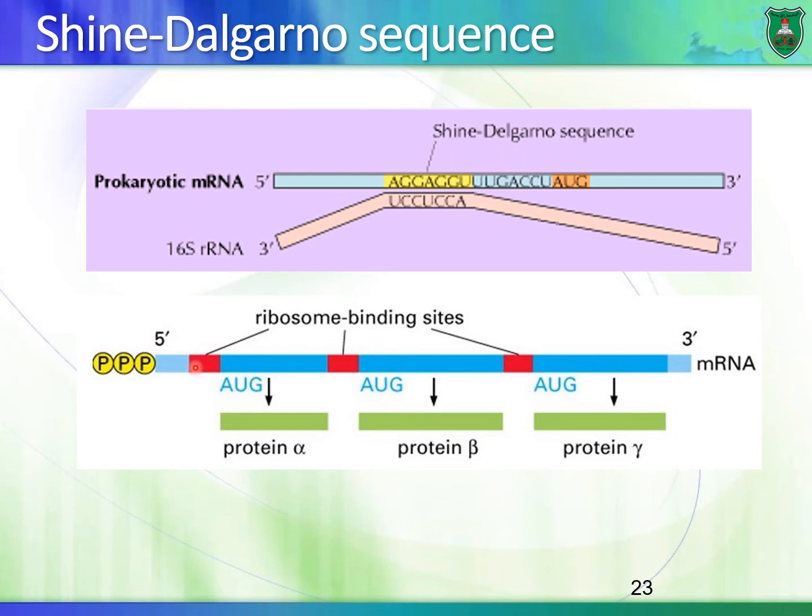So whenever you have a polycistronic messenger RNA, you have several Shine-Dalgarno sequences. You have one right here, you have another right there, you have a third in here, and translation starts at the AUG that comes right after the Shine-Dalgarno sequence. And for each one of them, there is a stop codon as well at the end.